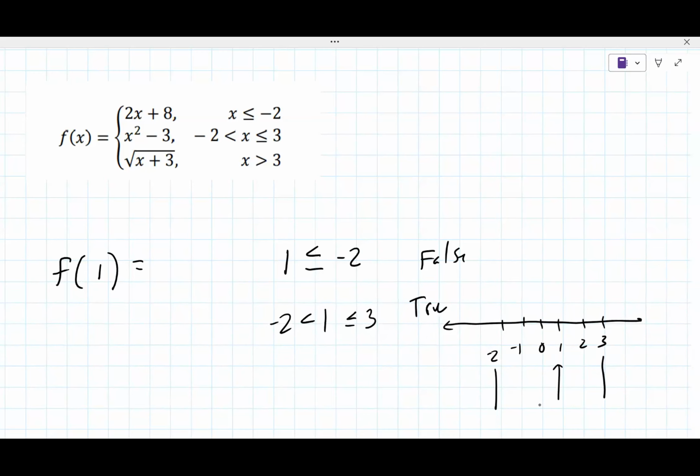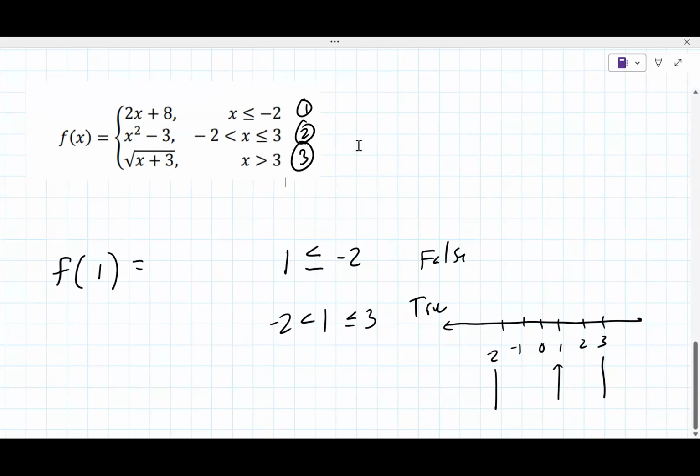So which piece are we using? Piece 1, piece 2, piece 3? We're using piece 1, because we're at f of 1. Is 1 less than or equal to -2? Didn't we just say that it was false?